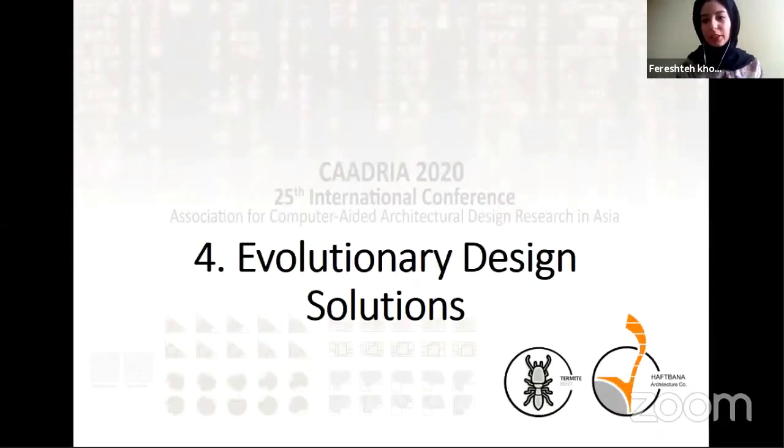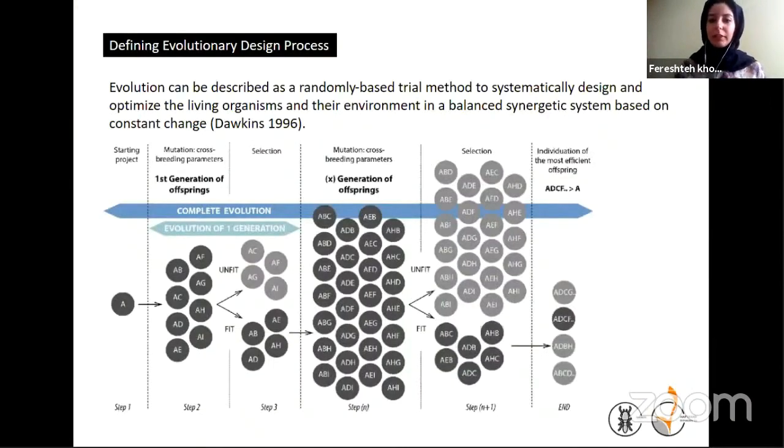Evolutionary design solutions can help us to find better solutions, or the solutions that are more related to our defined goals. And the definition of evolutionary design, just to name it a bit, is what happens in nature, and it works randomly. It's mostly about reducing the unfit genes and working on the process of generating new genes step by step.